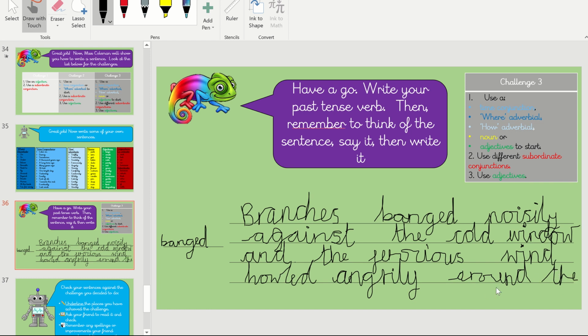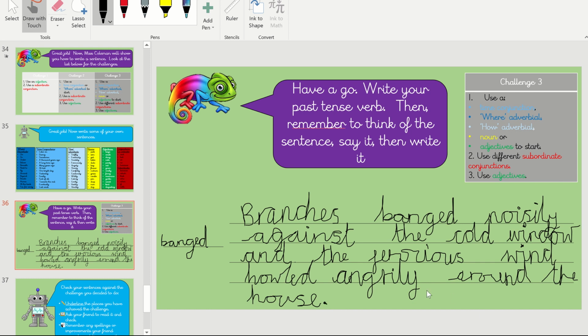Just notice in around, it's got the O and the U. Some people have been missing that one out and putting O and W. Around has O-U. The house. I know lots of people are good at spelling house. Super, now I've finished. Right, let me check it then. Branches banged noisily against the cold window, and the ferocious wind howled angrily around the house. Brilliant. I've forgotten my full stop again.